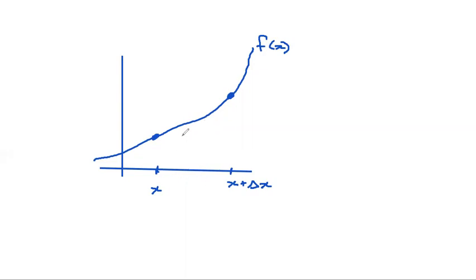This distance to here is your delta y. That's your change in the y values, because this point over here has the actual y value, f of x, and this point here is off because of the error in the x's. So we're off by delta y.